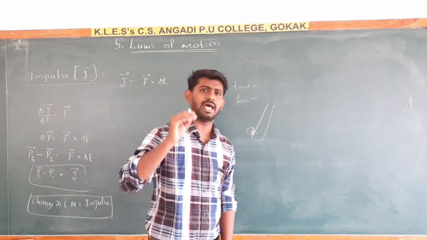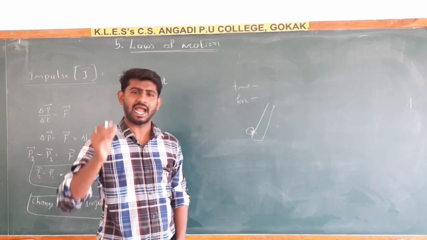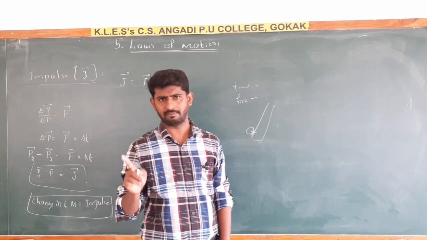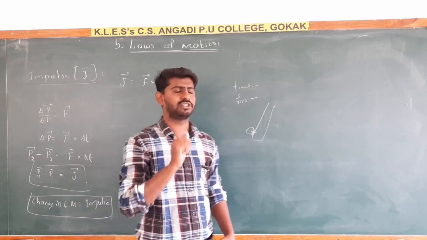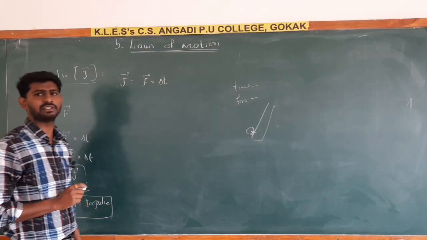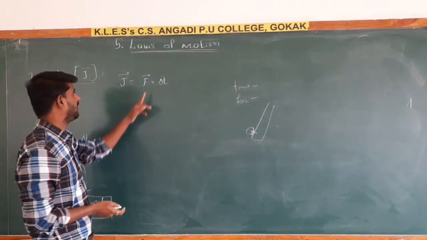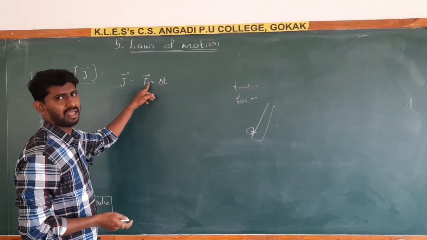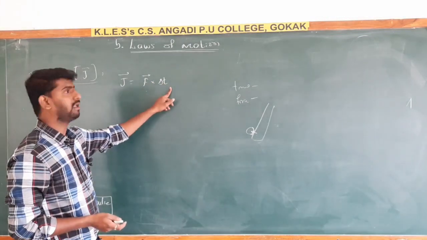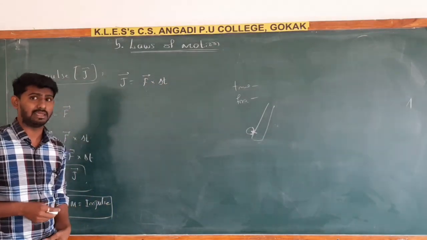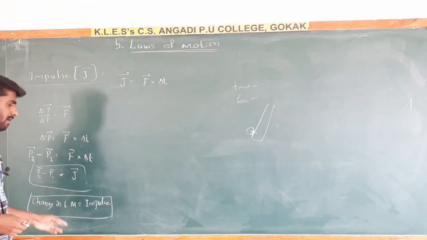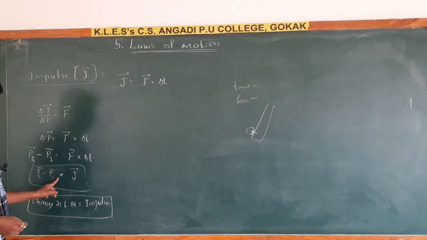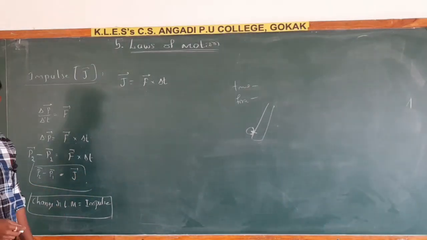It is the quantity of force acted on a body for a short interval of time. Measuring how much force was applied in a small time gives impulse or impulsive force. How to get the impulsive force? It is a product of the force on a body and the time interval. And the easiest way to get the impulse is you measure its final momentum and initial momentum, and final minus initial will give the impulse.